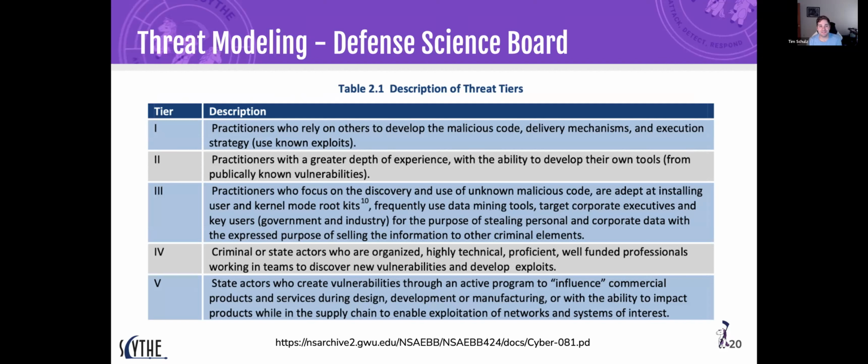One of the challenges is that we have different tiers in escalating maturity, but almost every team says we're ready for that top tier, because no one wants to say we're starting at the bottom. That's been a challenge in threat modeling: people want to go against what they see as the most sophisticated threats, when realistically there are very few organizations that can defend against some of those threats.